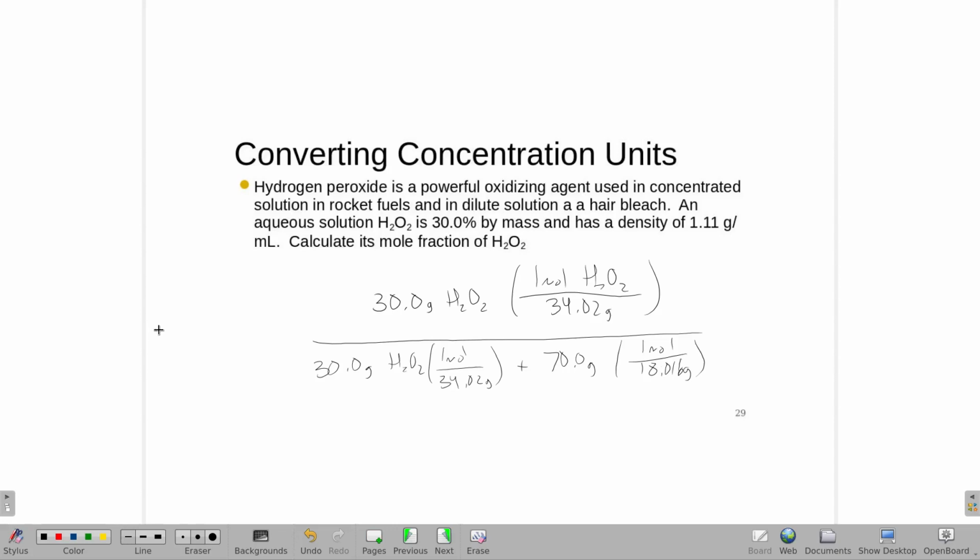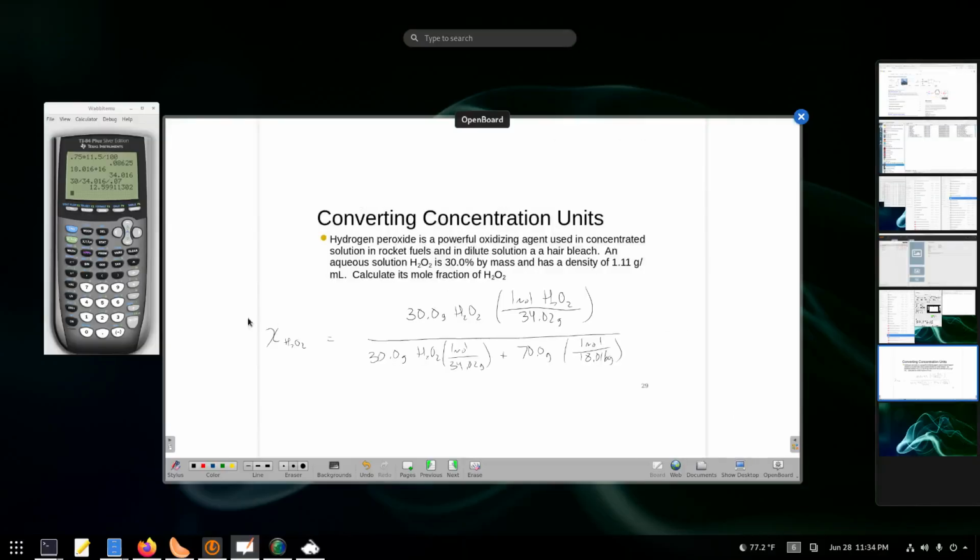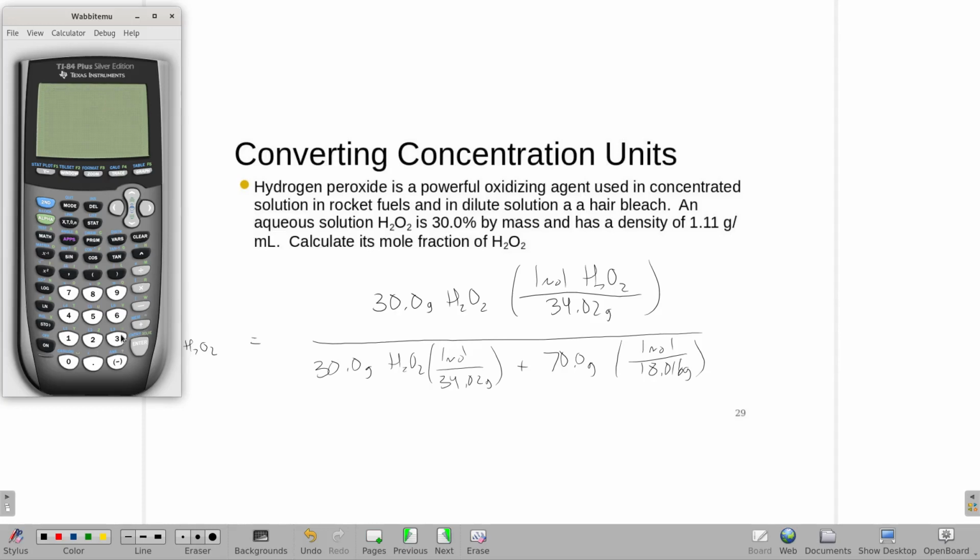And mole fraction, which is the Greek chi, of hydrogen peroxide. Let's see what this gets us. Clear this out. 30 divided by 34.02, and on the bottom, in parentheses, we're going to have that number added to 70 divided by 18.016.